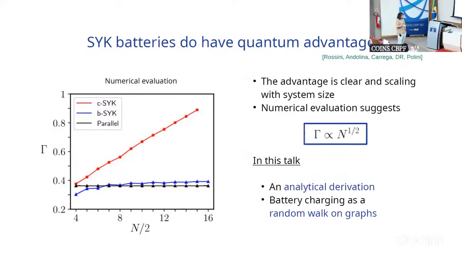So the advantage is quite clear. Now, a numerical estimation, which was quite brave, suggested that the scaling of the advantage was suboptimal, proportional to n to the power 1 over 2. So this was the result.